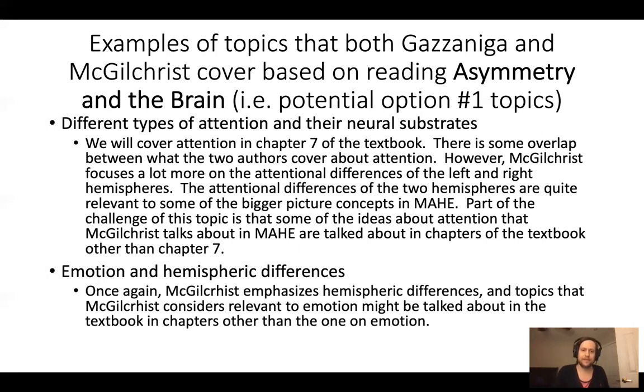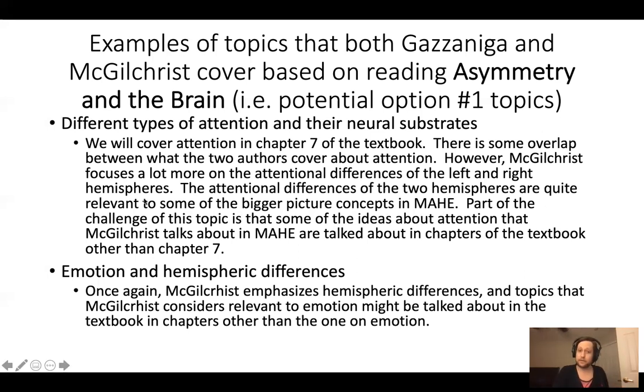McGilchrist is more interested in differences between the left and right hemispheres in terms of different attentional styles. As far as attention, Gazzaniga doesn't really talk specifically about differences between the left and right hemisphere that much. He might do it a little bit, but it's definitely not a focus in the textbook like it is in The Master and His Emissary.